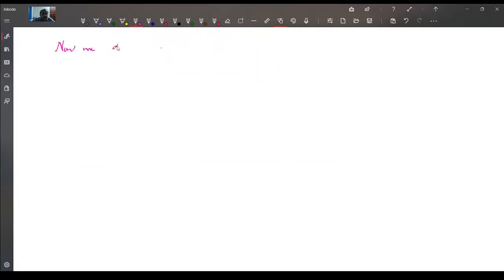Now we derive an equation for asymptote to x square by a square minus y square by b square equal to 1. An asymptote to a curve is a straight line which touches the curve only at infinity.